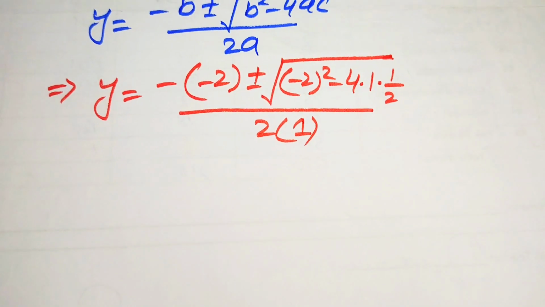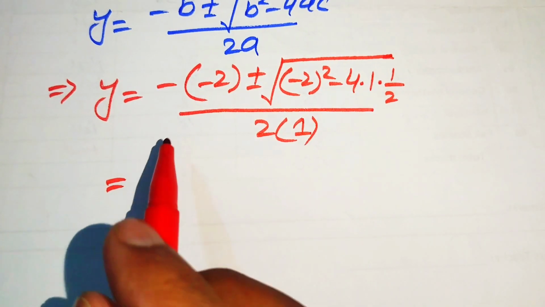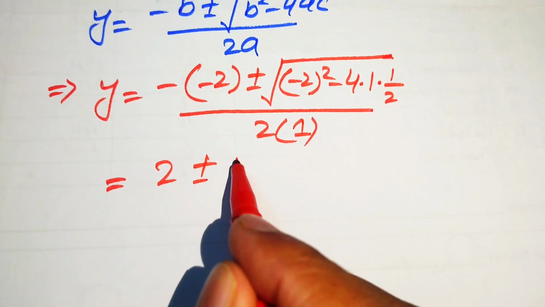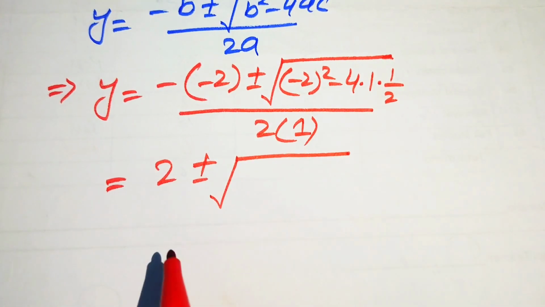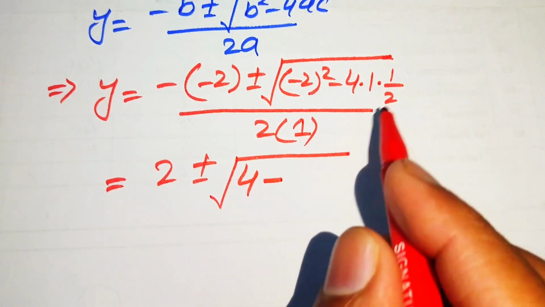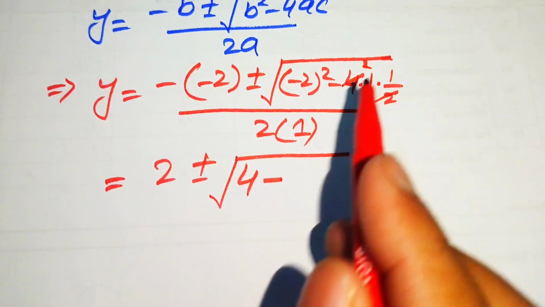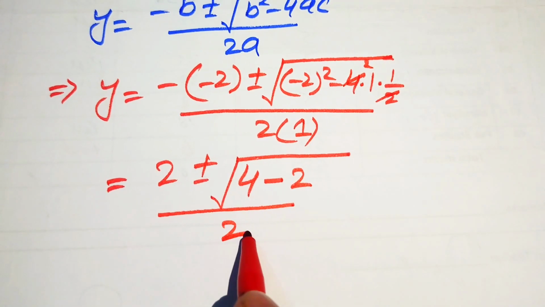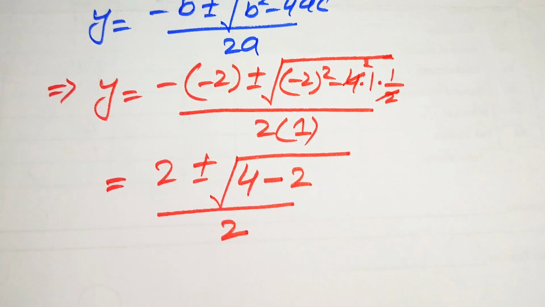So here we need more simplifications: minus times minus becomes plus 2, plus minus square root of minus 2 squared is equal to plus 4 minus this 2 times 2 becomes 4, and you get only 2, and it is divided by 2 times 1 is 2.